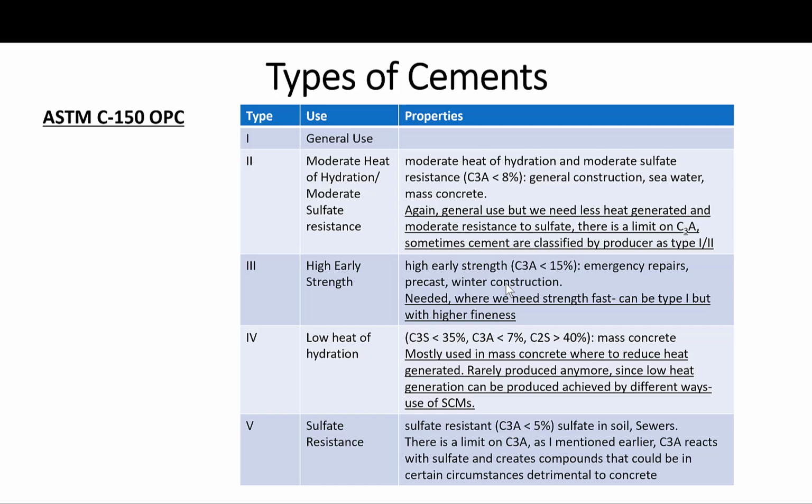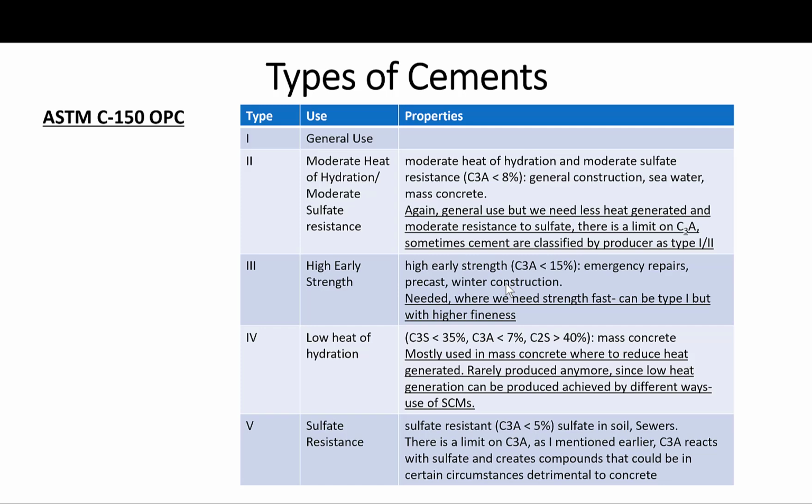This cement is characterized by having a C3A content less than 8%. This is used for general construction, seawater construction, and mass concrete. Again, this is general use, but we need less heat generated and moderate resistance to sulfate.